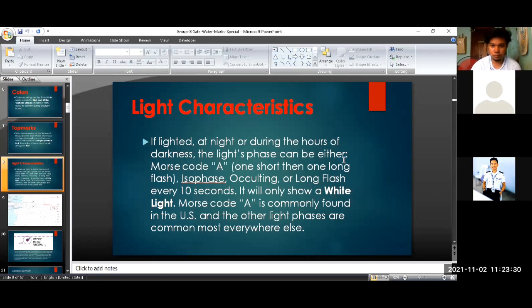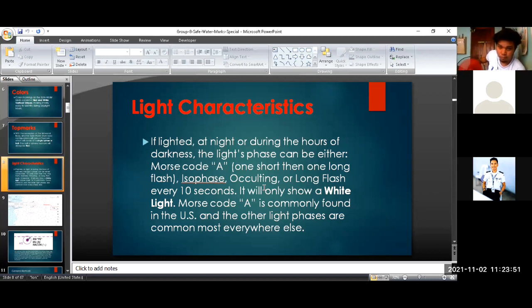Next is the light characteristics. If lighted at night or during the hours of darkness, the light phase can be either Morse code A, one short then one long flash, isophase, occulting, or a long flash every 10 seconds. It will only show a white light.